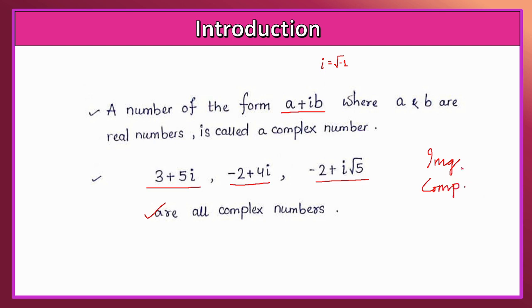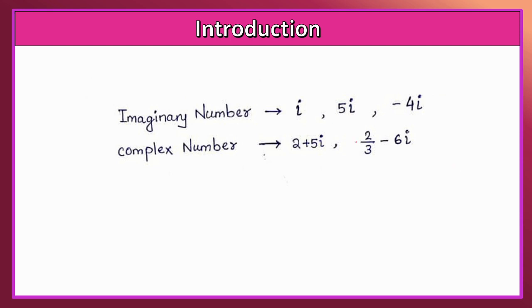So what is the basic difference between them? Imaginary number means only the i part is there, like 5i, minus 4i. But a complex number is a sum of a real number and an imaginary number.